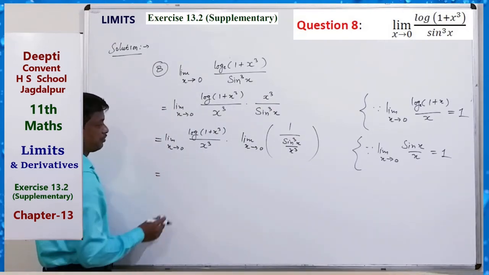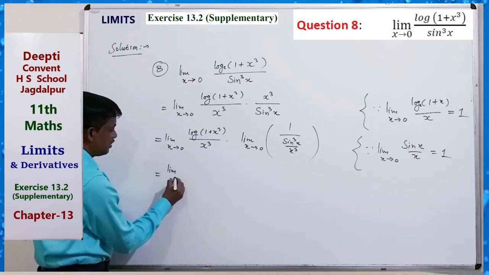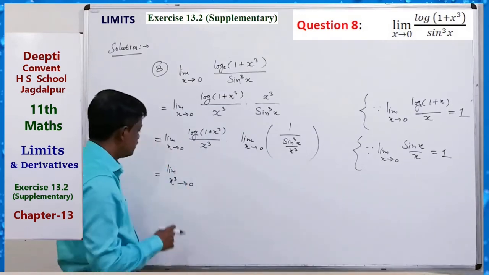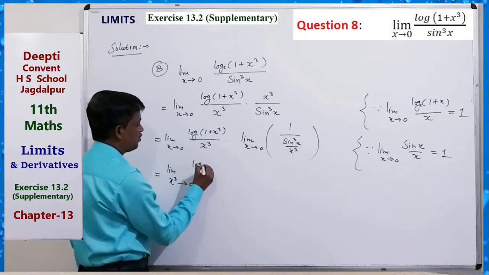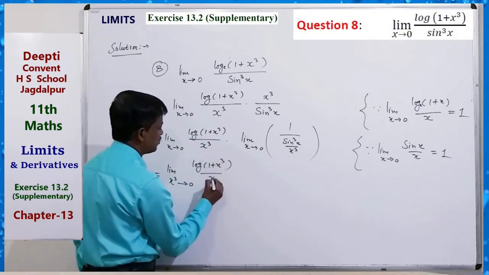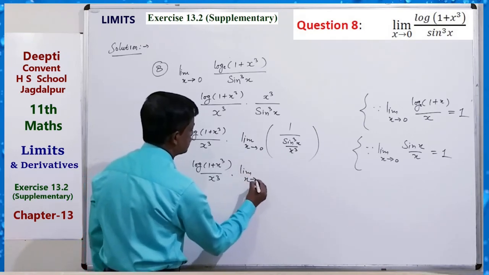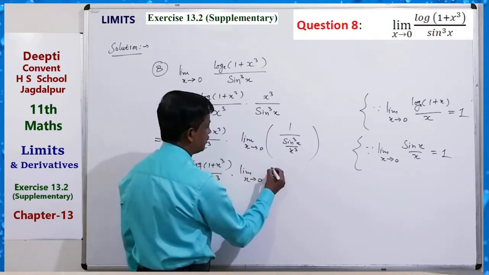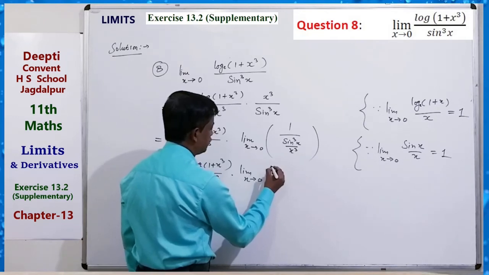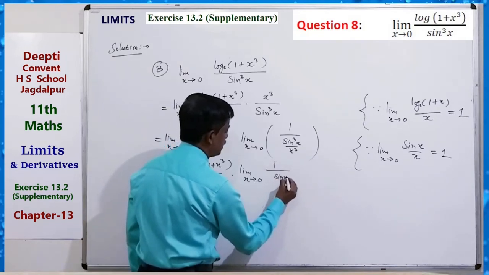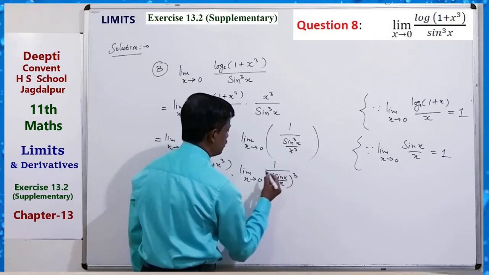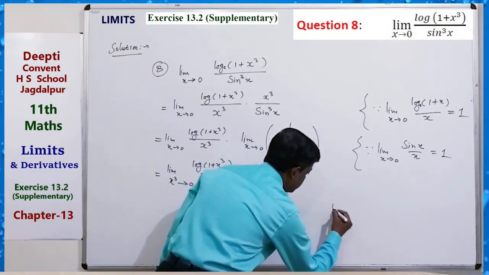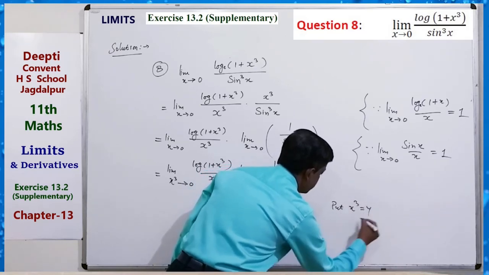Here, as x tending to 0, x cube tending to 0. Put x cube equals to y.